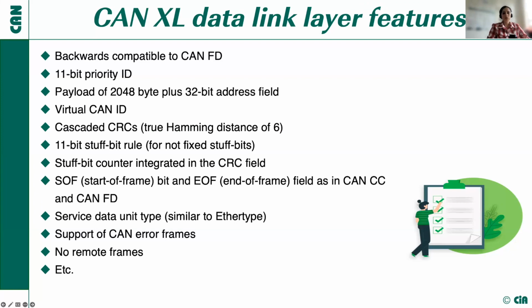Also, with new features like virtual CAN ID, you can run several parallel applications on the same cable. And with the two CRCs, you can have a more reliable network.